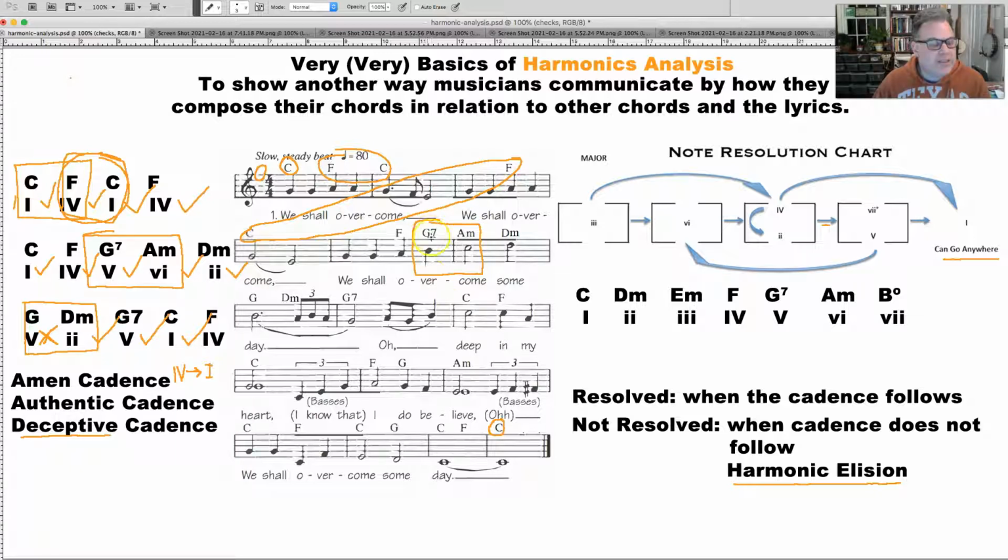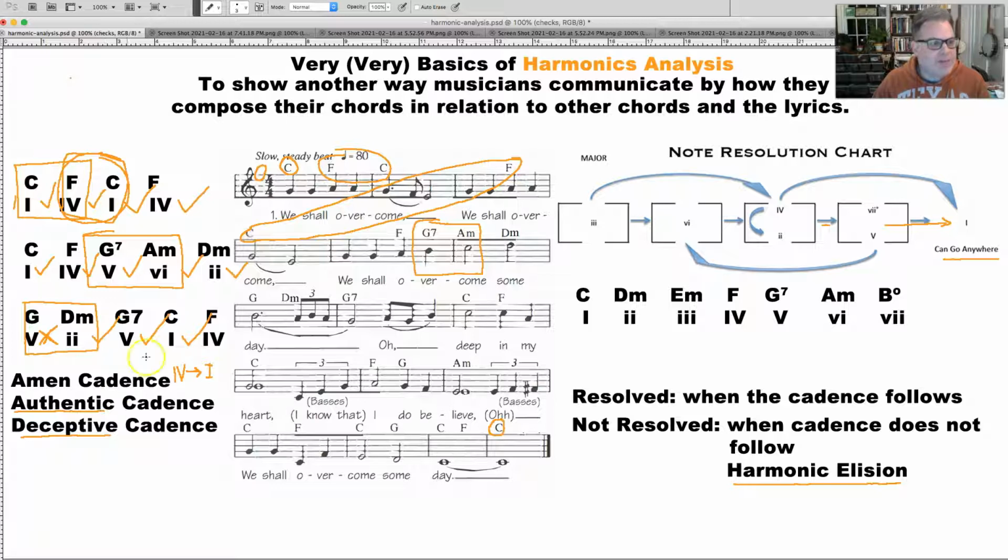What this does is increase the energy. It gives you a little bit of a burst of energy in the song. And the reason why is that 5 wants to go to 1. It just really does. It's a very powerful, what we would actually call the authentic cadence, especially at the end of a song when 5 goes to 1.